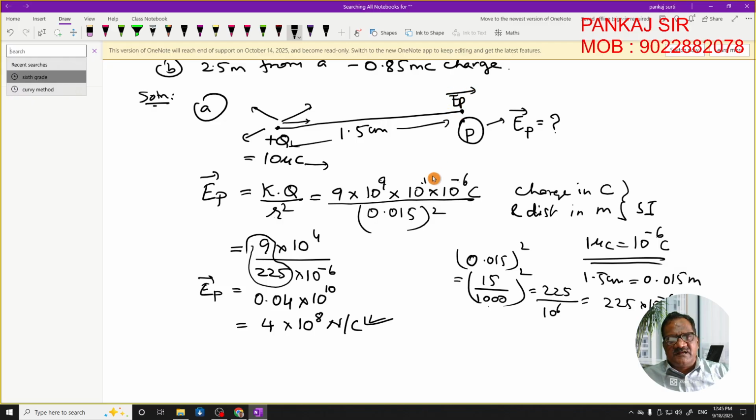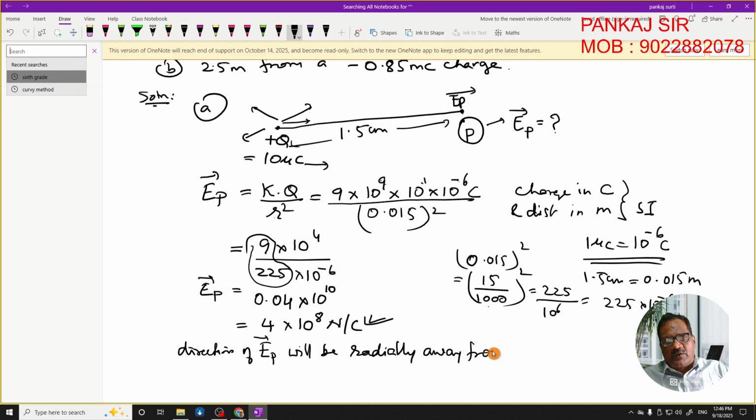So the direction of the electric field strength at P will be radially away from the charge plus Q, along the line joining Q and P. Okay, so it will be in this direction, right?